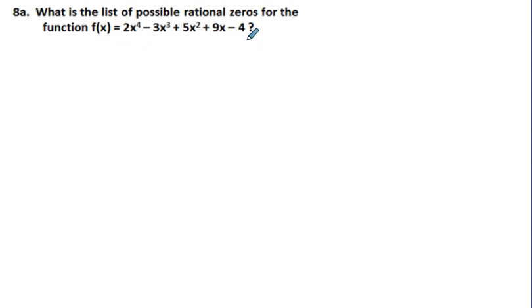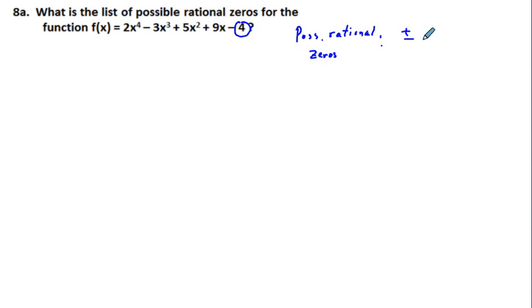What we're going to have is the possible rational zeros, which is going to be plus or minus the factors of the constant term.